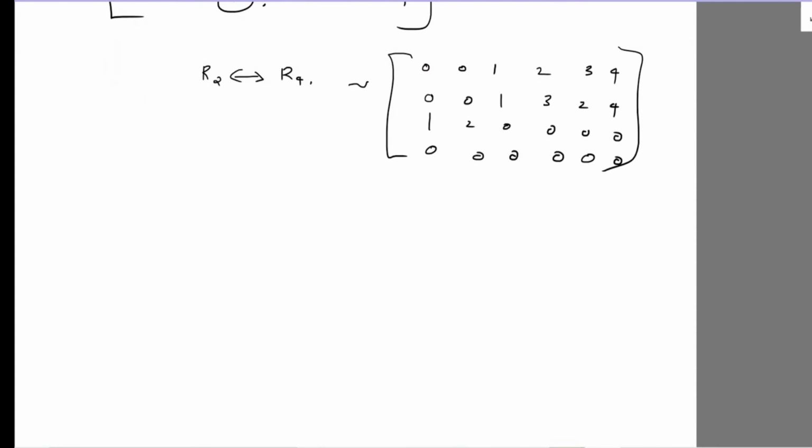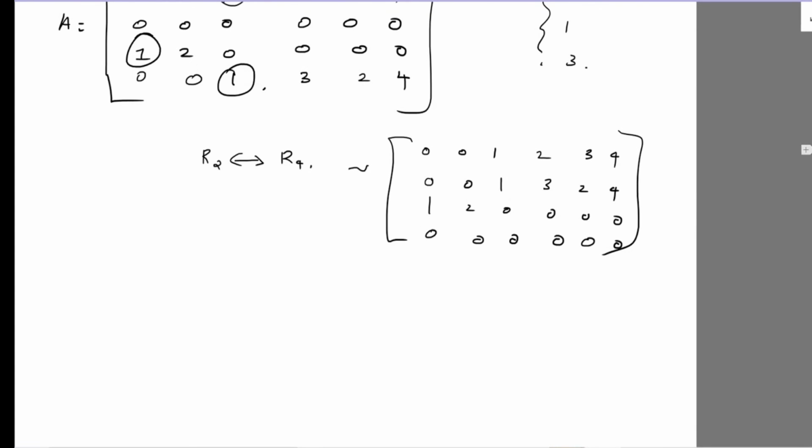Now we have to interchange in such a way that the positions of the leading coefficients are not in decreasing order. Here you can see that the positions are 3 3 1. So how can we convert this into increasing order?